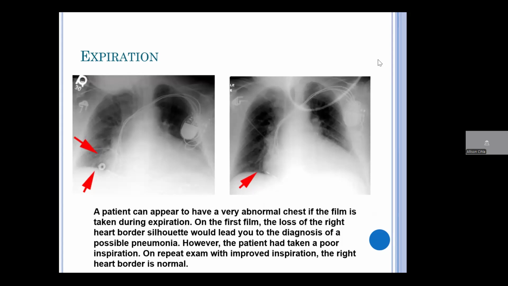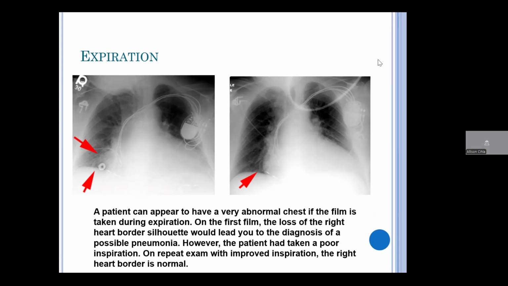This is what happens when a patient's chest X-ray is taken on expiration. You can see on the left-hand side, there's some fuzziness where the red arrows are pointing. That is the right heart border, and you really lose that clear right heart border. The problem with that is that that's also the location of the right middle lobe.